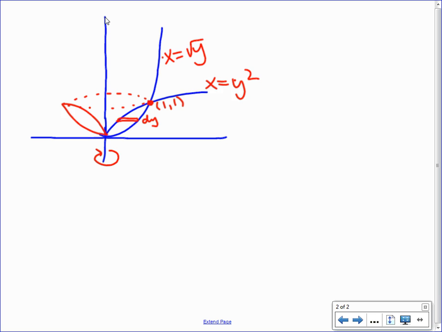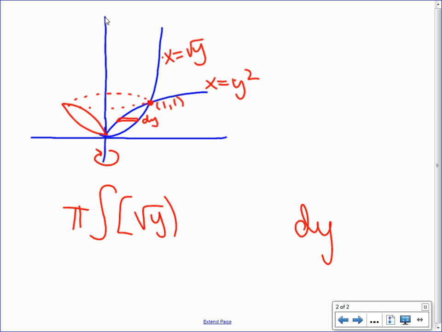Alright, so our axis of rotation is the y-axis. So we need to go pi r squared h. We have washers, so we need r squared minus r squared. So our big radius from right to left goes from where to where? Square root of y to the y-axis, right? So we have the square root of y squared minus, what's our small radius? Y squared to the y-axis. So y squared squared. Okay?